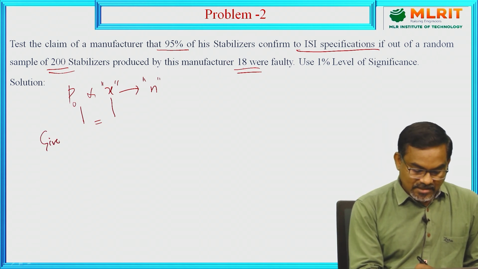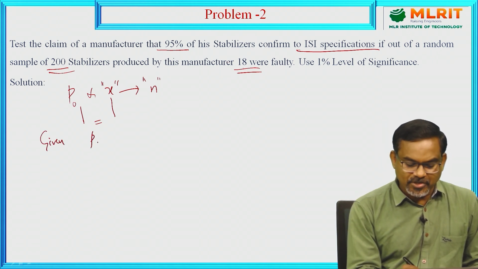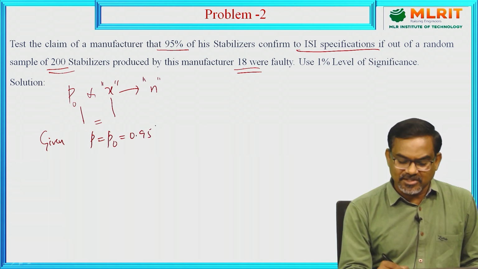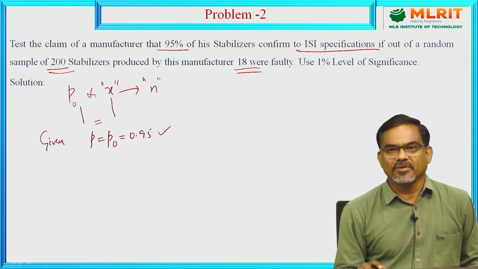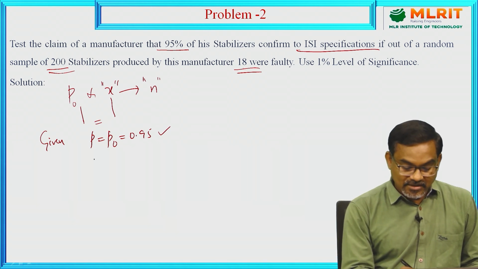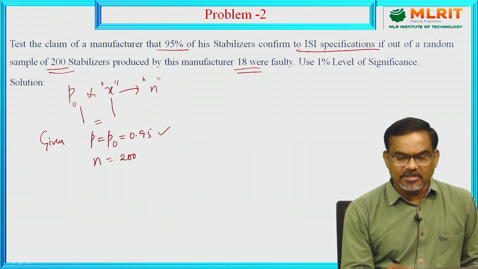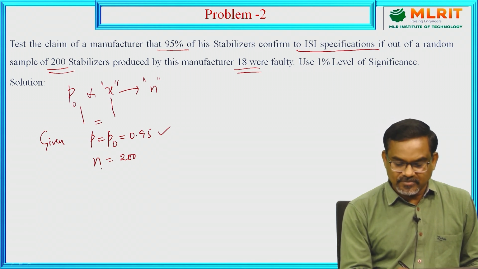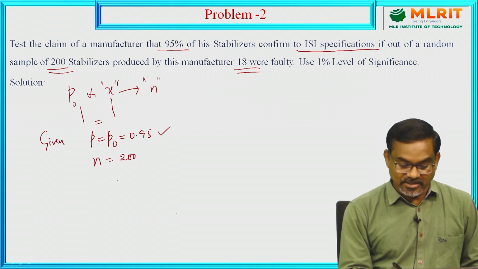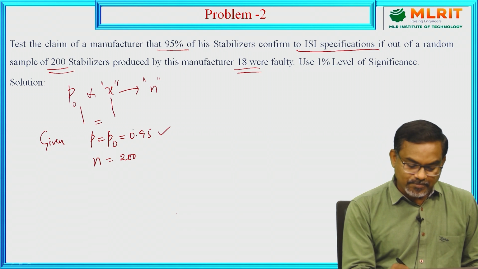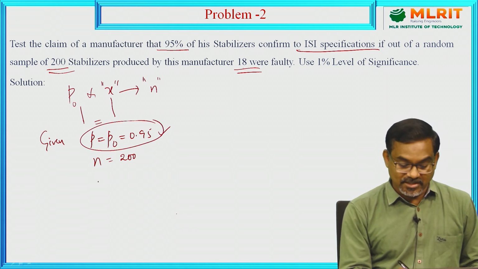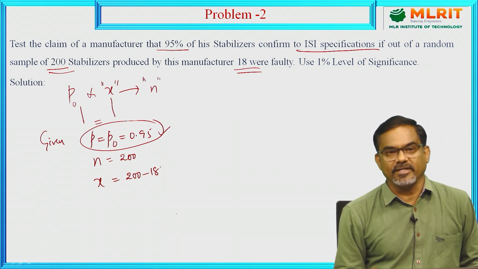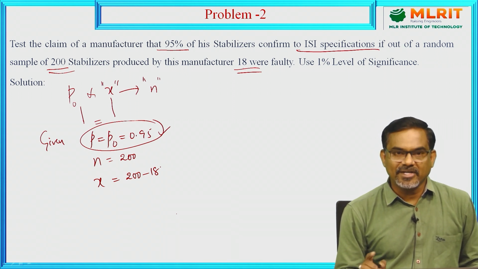Okay. So first, given the proportion P equal to P naught is 0.95. I am considering this proportion of good stabilizers, and a sample of 200 stabilizers has been taken. So, n equal to 200, and out of 200, 18 were faulty. Since this proportion is about good stabilizers, our x should be 200 minus 18, but not 18. 18 are defective stabilizers.